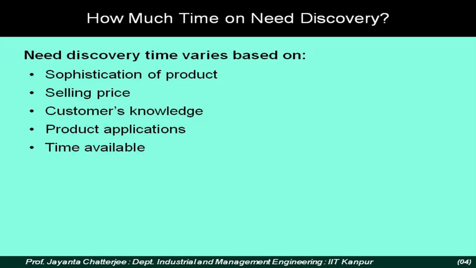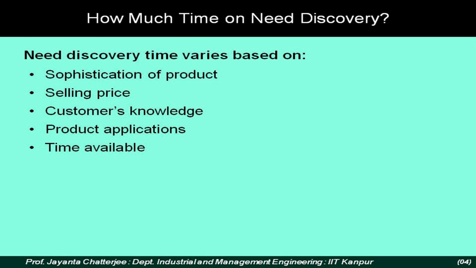Depending on the sophistication of the product and the selling price, higher price needs higher investment in need finding. Customer knowledge, product application, time available, all of these are inputs to determine how much time you spend on the initial part of the sales process.